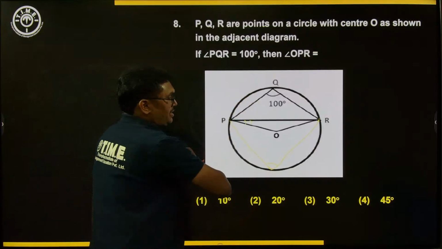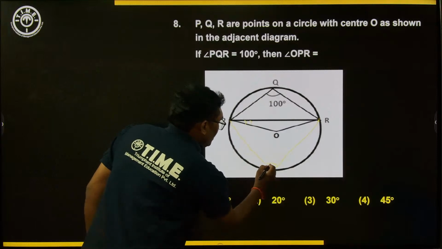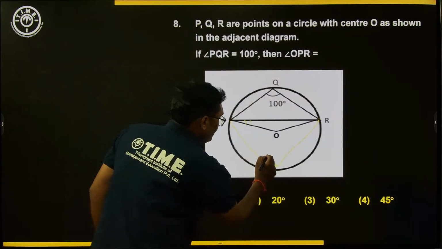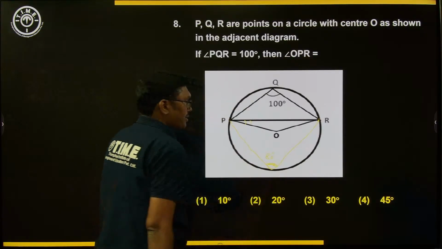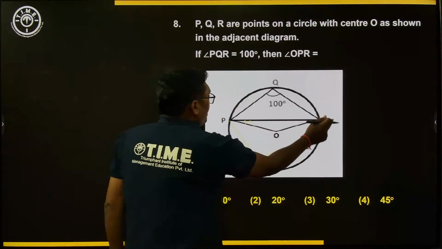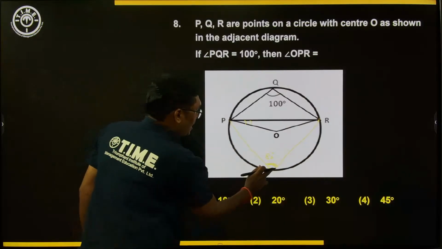So already 100 is there. So what is the other angle? Total should be 180. 100 means this should be 80 degrees. Okay. Next, this PR makes angle at 80.